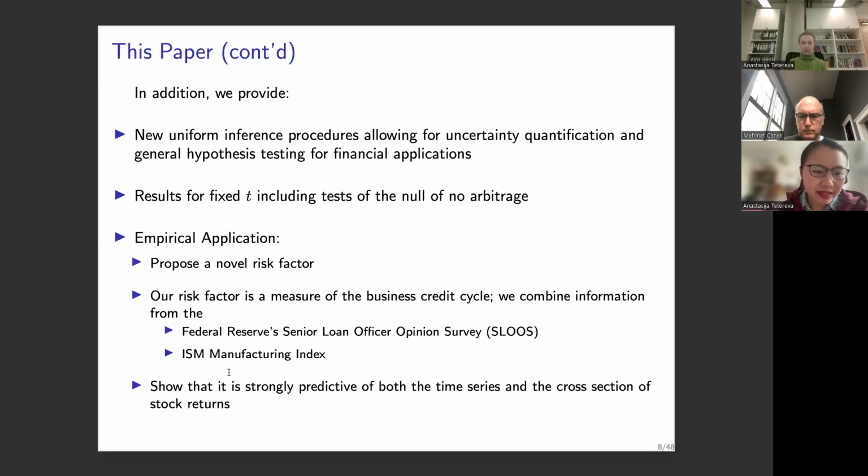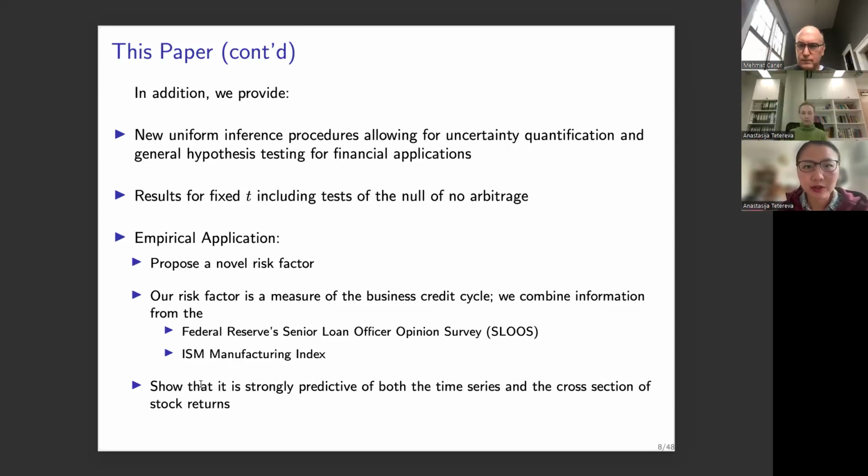Sorry, it's me again. No, that's fine, thank you. I don't want to monopolize, but one question regarding the risk factor, which I think is important from a practice point of view: is there a changing weight between these two variables, or is it a fixed weight between the ISM and the SLOOS?